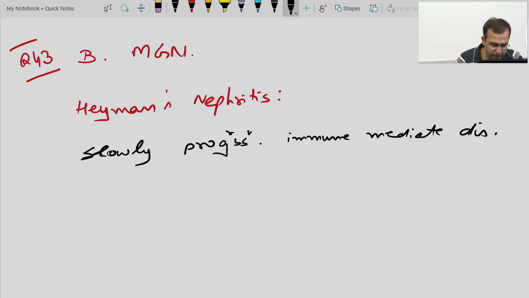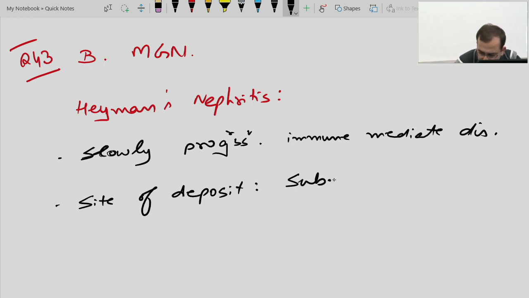So it is associated with deposition of antigen antibody complexes. What is the site of deposit? The site of deposit in Heymann's nephritis is subepithelial. It has a subepithelial deposit.